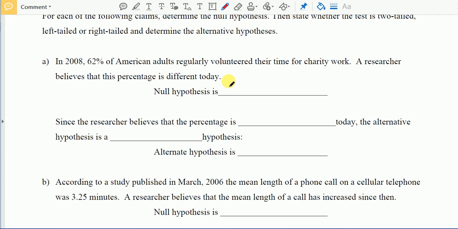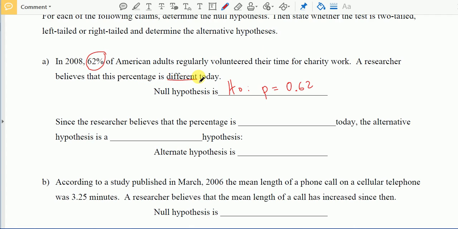So the null hypothesis is the existing data, the fact that is given: P, the probability, is 62% or 0.62.